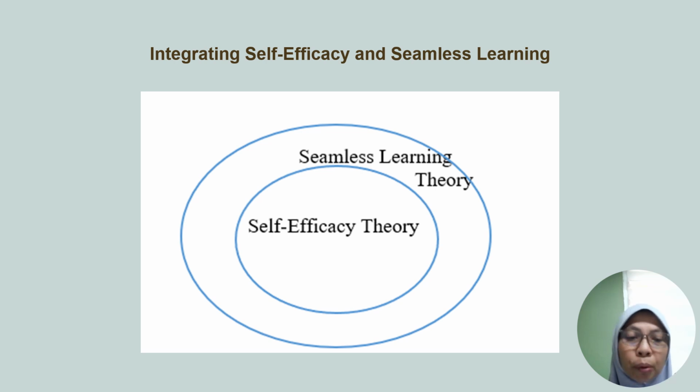Meanwhile, vicarious experiences can be facilitated via recorded presentations and peer modeling. In addition, educators' and peers' verbal persuasion can be enhanced through online discussion forums and AI-generated feedback. So we can see that now we're using lots of AI. On the other hand, strategies for managing students' physiological and emotional states can be incorporated through mindfulness exercises, or stress reduction techniques that can be applied within seamless learning platforms.